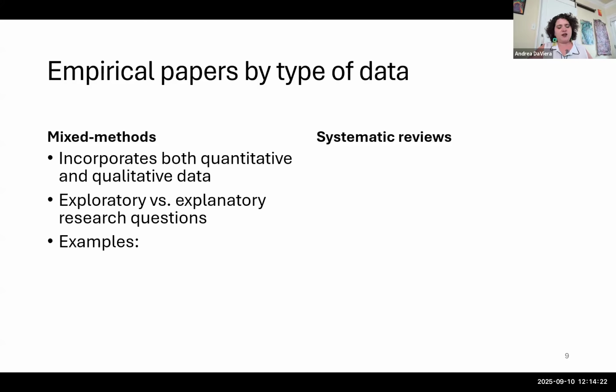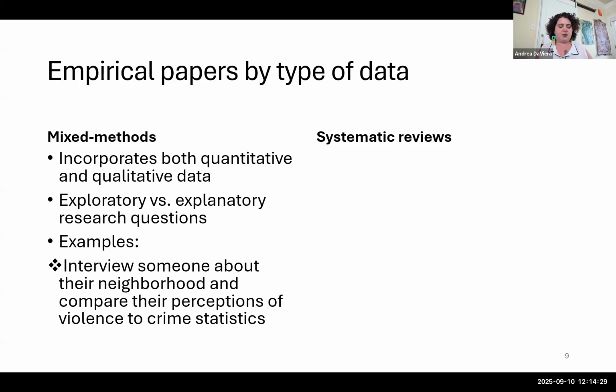There's some interesting examples of mixed methods research. Something that I've done a little bit on, especially looking at community violence, is looking at how people describe perceptions of their neighborhood and then comparing the perceptions of their neighborhood to violent crime statistics. That would be comparing both the qualitative and the quantitative.